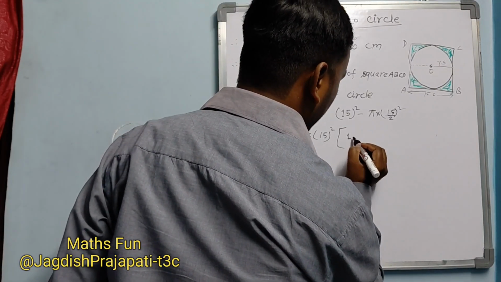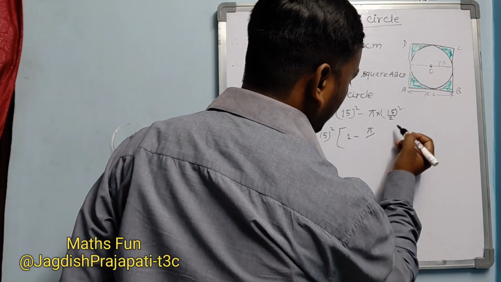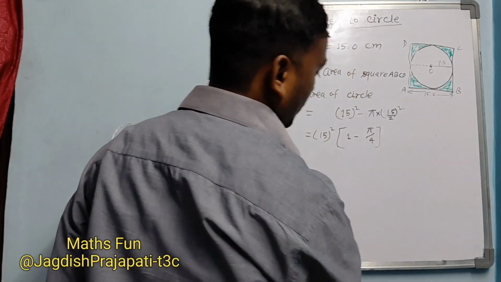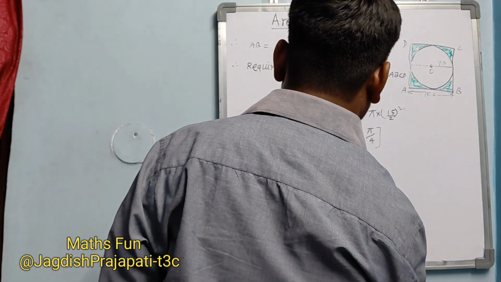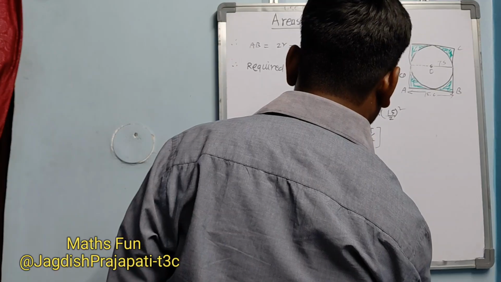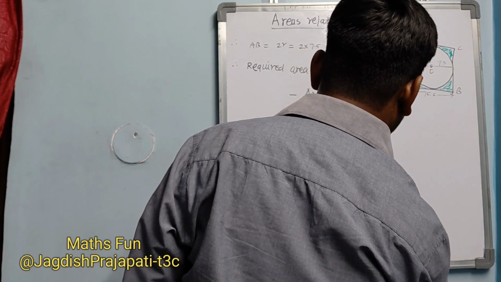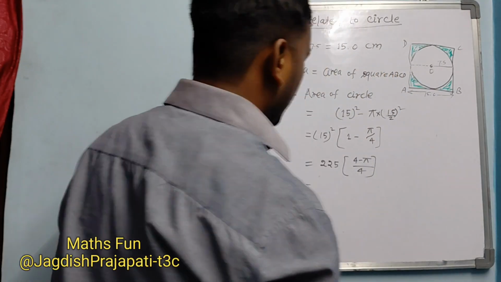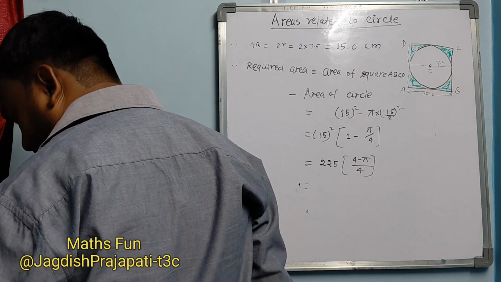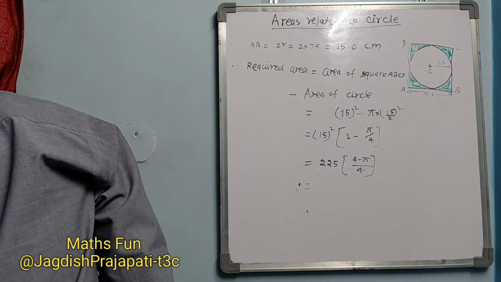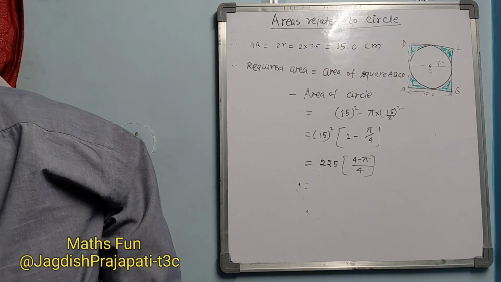So here we will get 1 minus pi by 4, and this will be now 225 into (4 minus pi) by 4. So now use the value of pi. It is given that you have to use 22 by 7. No, it's not given here.